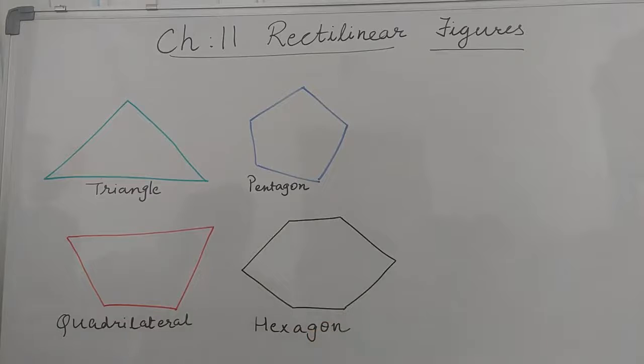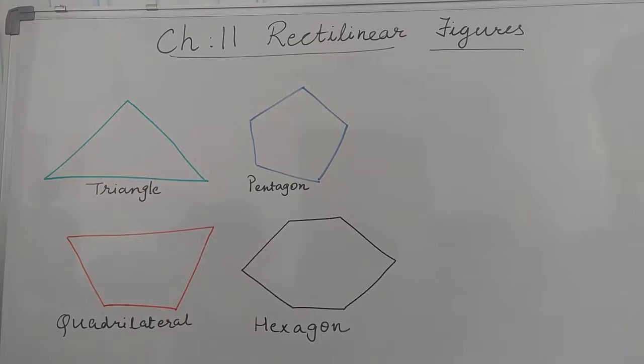So here, students, these 4 figures are plane figures which can be drawn on a plane surface with straight lines. All the figures are drawn using straight lines, and they are all closed figures, meaning they are not open figures.